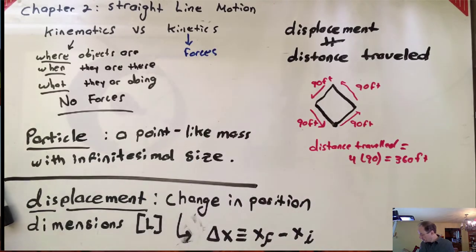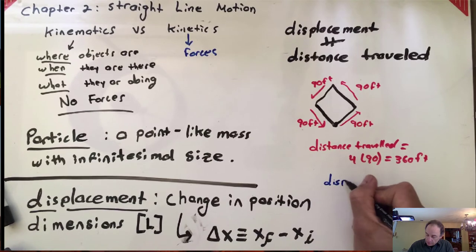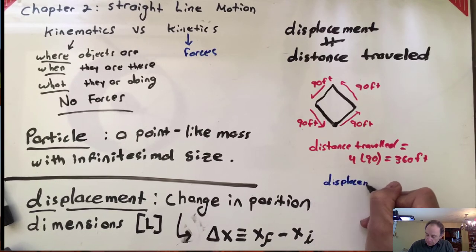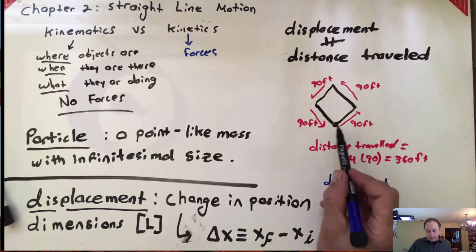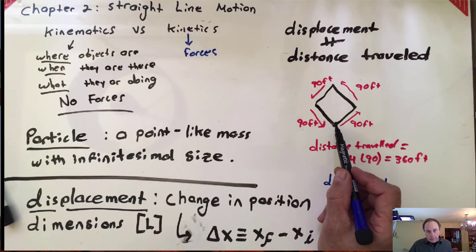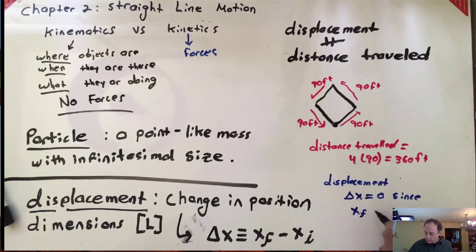But the displacement is just the final location minus the initial location. Started at home plate, ended at home plate. So x_f and x_i are the same, so that means delta x equals 0, since the final position and the initial position are the same.